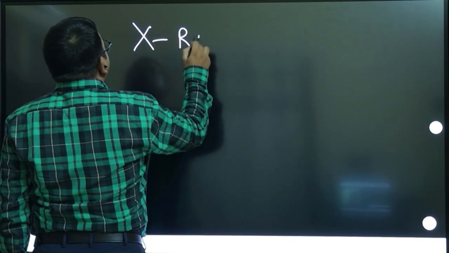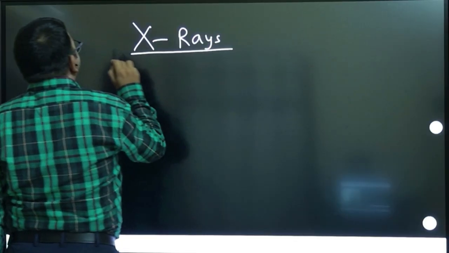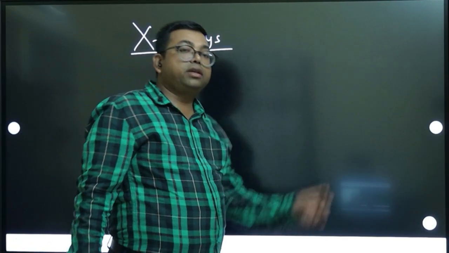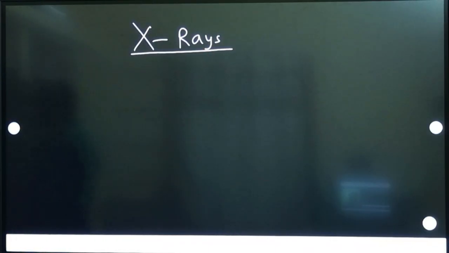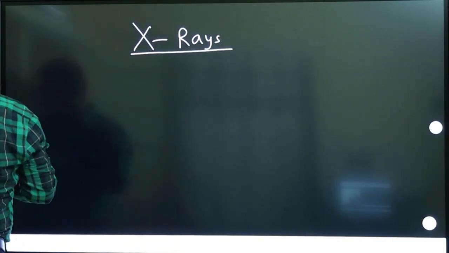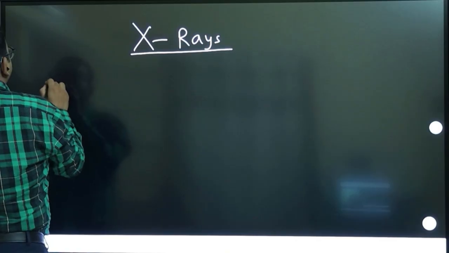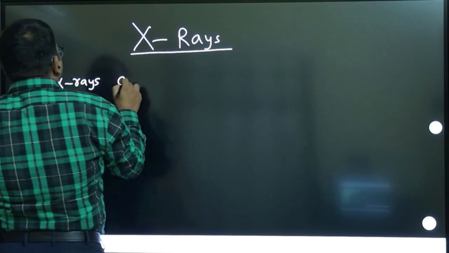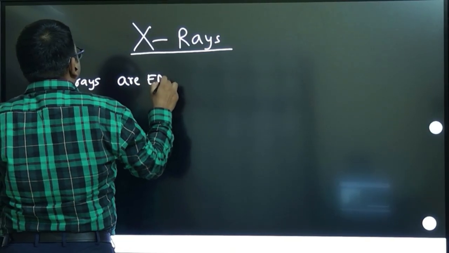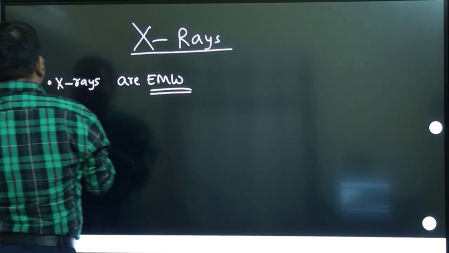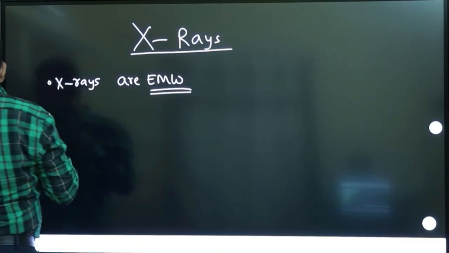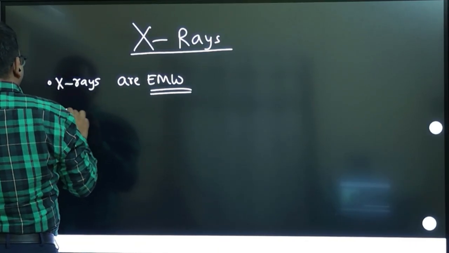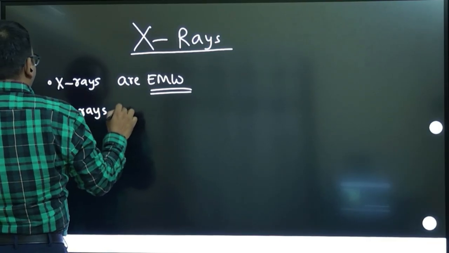Okay, let us go into the topic of X-rays. We know X-ray is an electromagnetic wave. Let us write the theory point. X-rays are electromagnetic waves. And how are they produced?